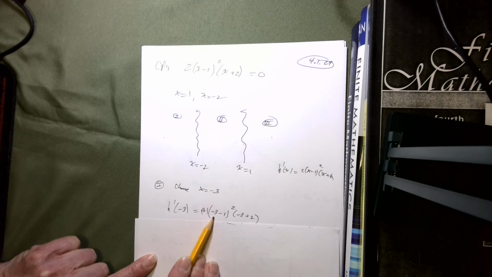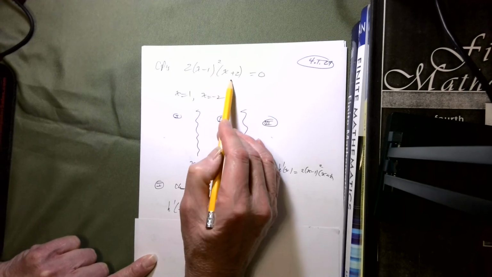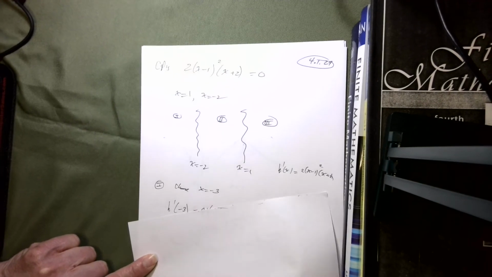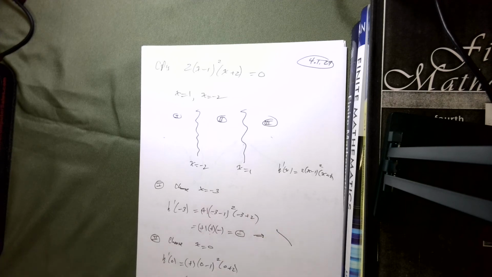Negative 3 minus 1 squared, negative 3 plus 2, all I care about is whether this is positive or negative. This guy is positive, the 2 is positive. When I square a number, I get a positive. And this is a negative, so it means negative, which means in region 1 it is decreasing.